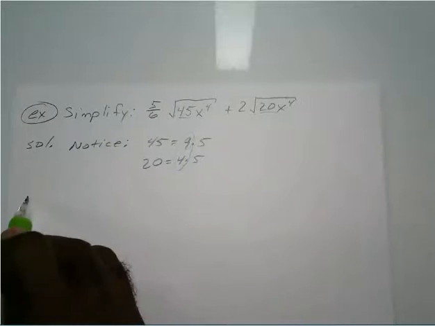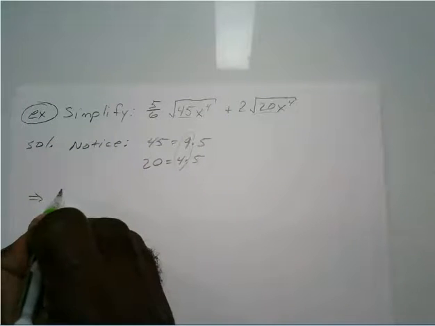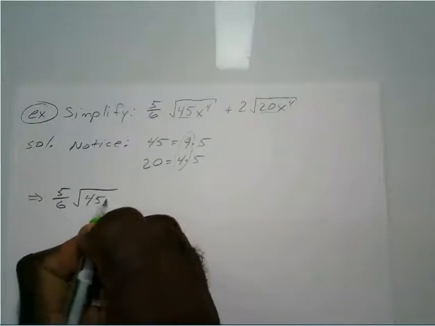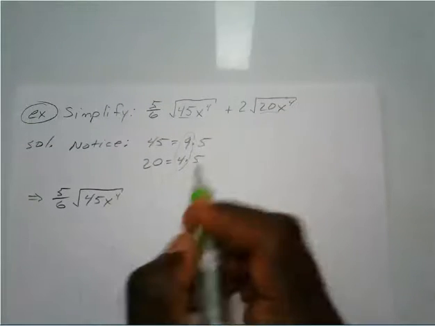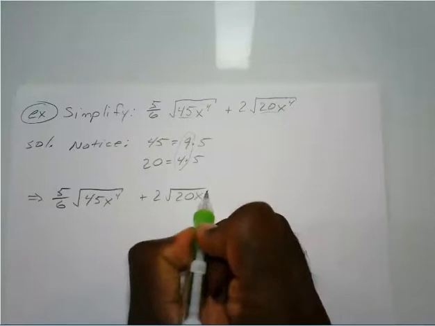All right, so starting off, I'm just going to rewrite our problem. So we have 5 over 6 square root of 45x to the 4th power plus 2 square root of 20x to the 4th power.